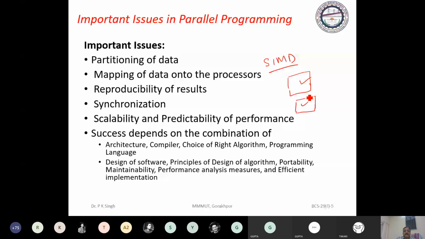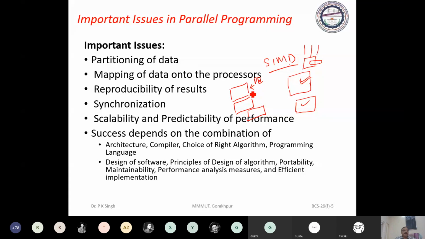If you are using a shared memory architecture and the data is to be manipulated by various processors, the references generated by the different processors are localized to a particular area, and that will cause a problem. Suppose your shared memory is designed using several modules, and all the processing elements generate references to the same module.